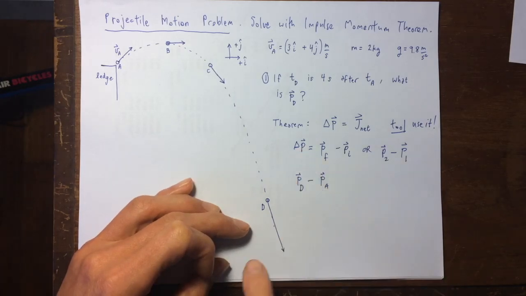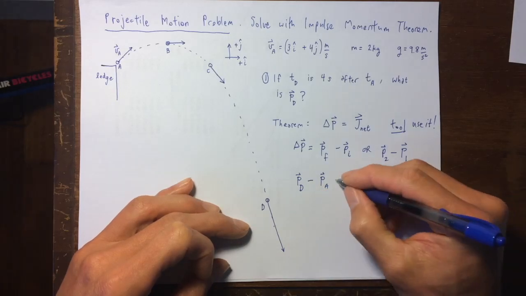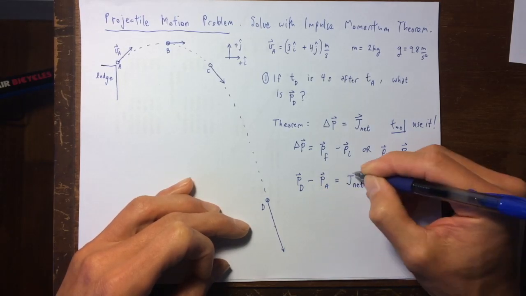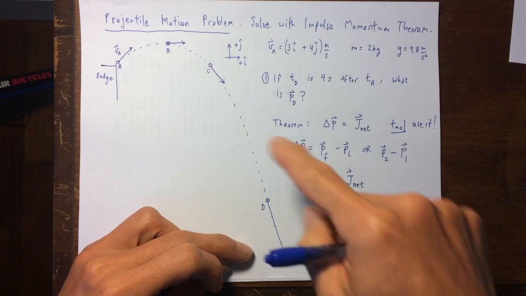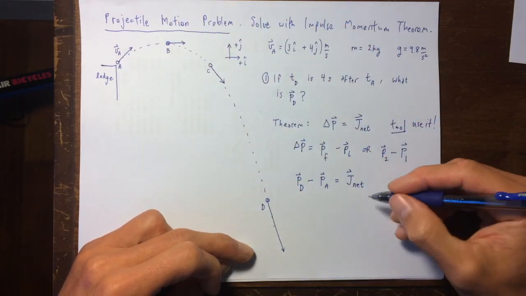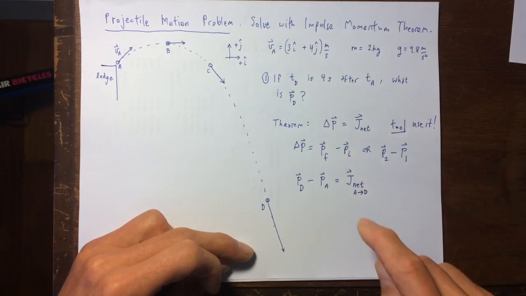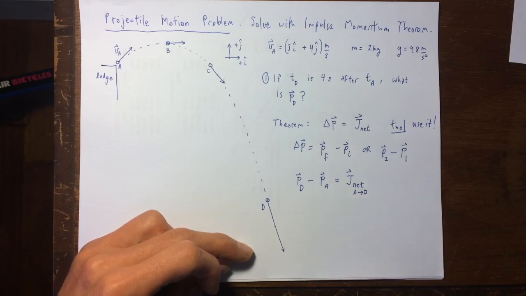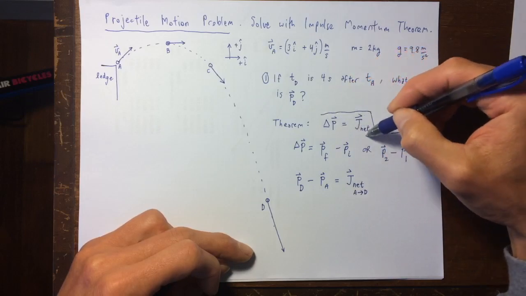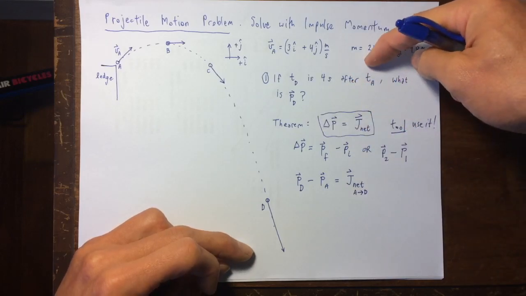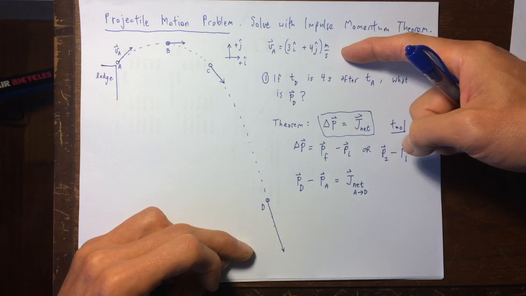Let's say that the delta p that I am curious about is from A up to D. So this is the net impulse that's delivered to this object between the times A and D. I'm going to put a little signifier that says this is the net impulse that happens from A to D. So can you see how I started with this, which had nothing to do with my problem in particular, and now I'm figuring out how to use it to apply to my problem in particular?